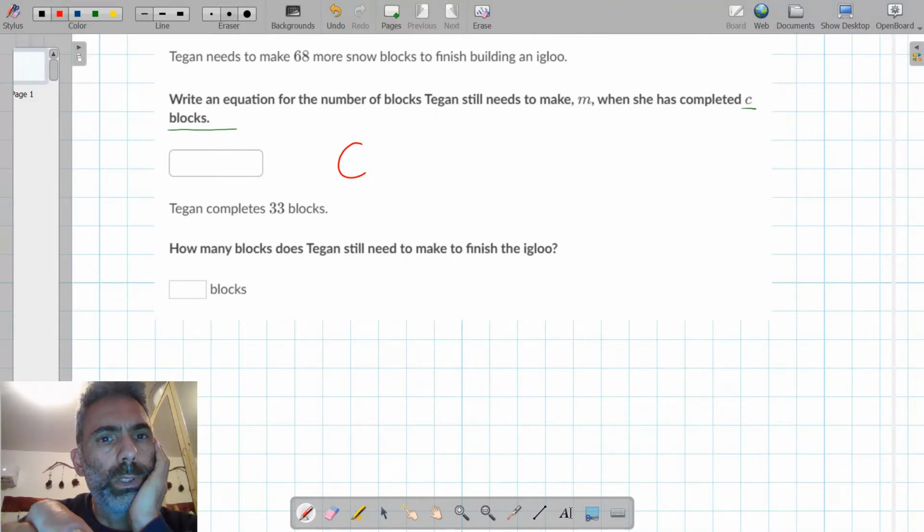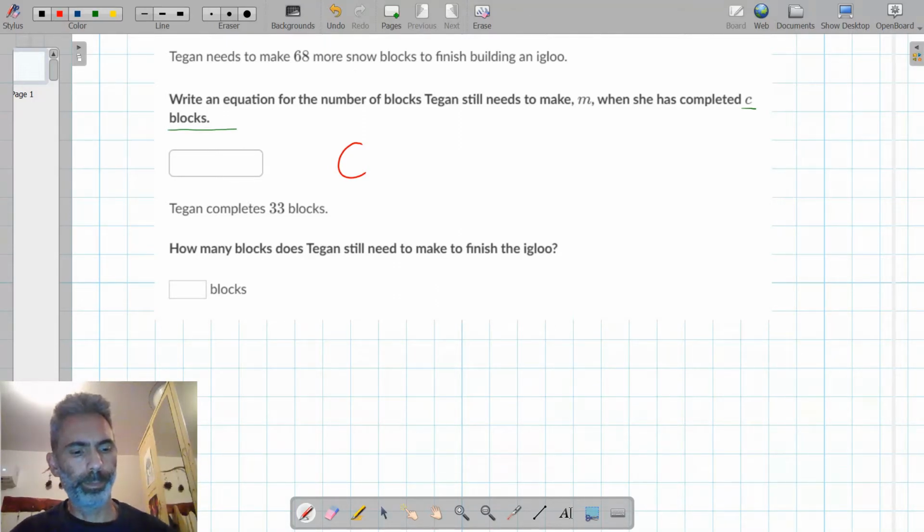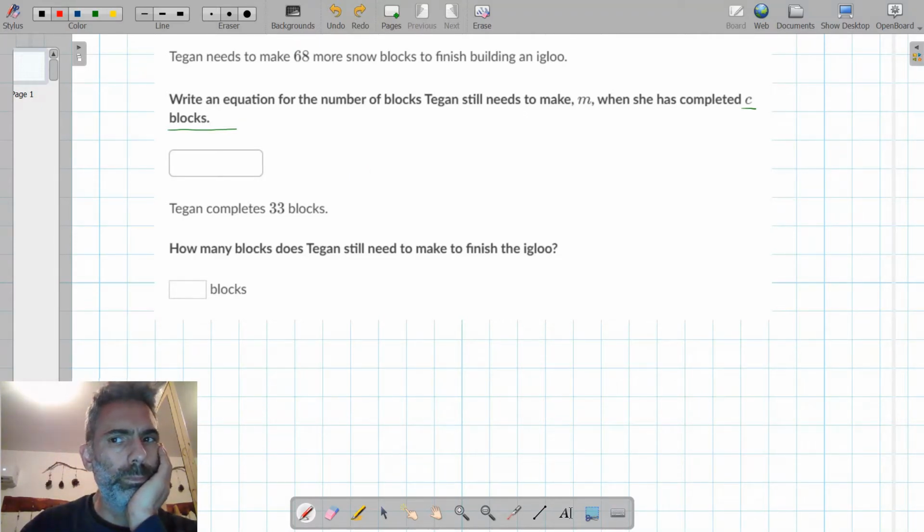Write an equation for the number she still needs to make, M. What they are telling us, she needs to make 68 more snow blocks. I don't understand the phrasing. To make M.